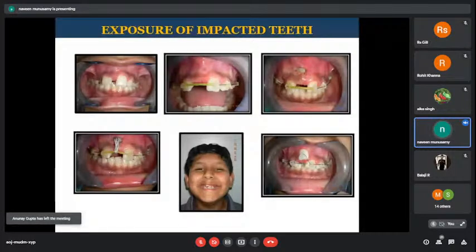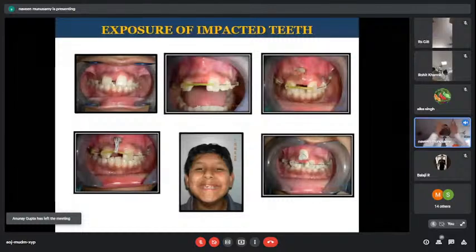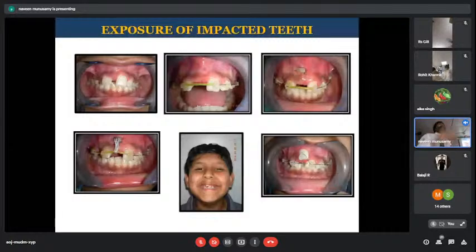Obviously, the best method recommended is to do a full thickness flap surgery, bond a bracket there, start pulling it down. But this was a child who was so apprehensive, never wanted any surgical procedures at any cost. But a full thickness flap surgery is always the most recommended way of doing it. So we have bonded, and then we were able to ultimately get the tooth down.